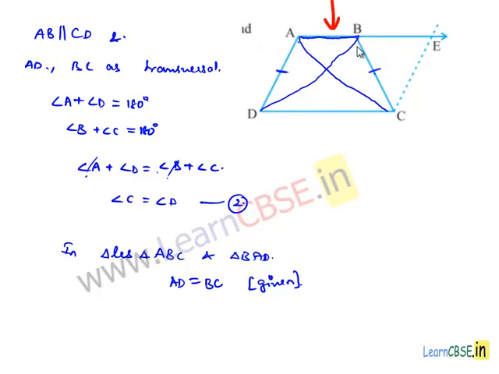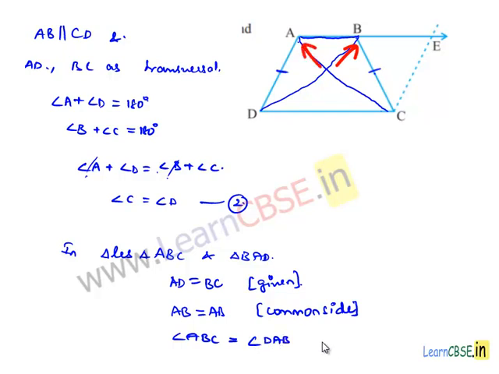AB is equal to AB, which is common side for both the triangles, and also angle ABC is equal to angle DAB, since we got that angle A is equal to angle B for the trapezium.